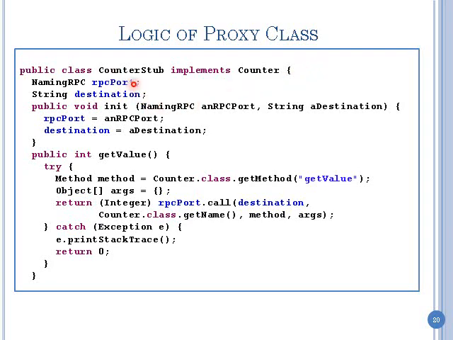Somewhere here it knows which port it's about. So when the proxy is created, it has to be created relative to a port. It knows what the destination is of the remote object. If you're a server, you have to know which client you're invoking the proxy on, for instance, so the port is not enough. And those get initialized, say, by the init method. And my getValue method says, okay, I know I'm a counter proxy, so I'll just get the method for getValue.